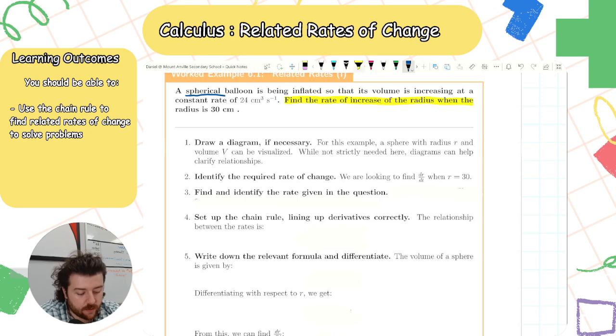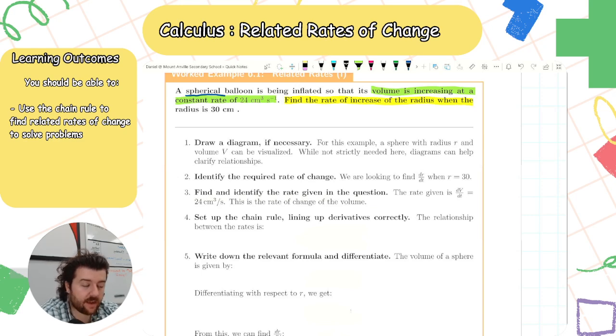Reading back through, it's being inflated, and the volume is increasing at a constant rate of 24 centimeters cubed per second. That's telling me I have the rate at which the volume is increasing, dV/dt, so dV/dt is equal to 24. This is the rate of change of the volume.